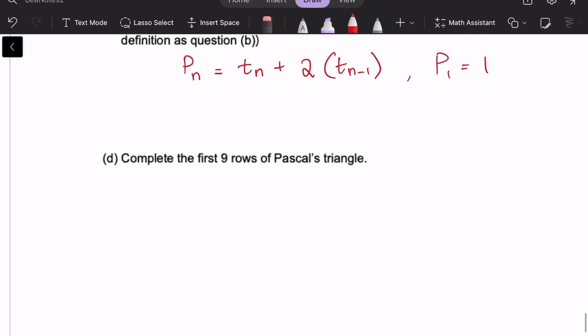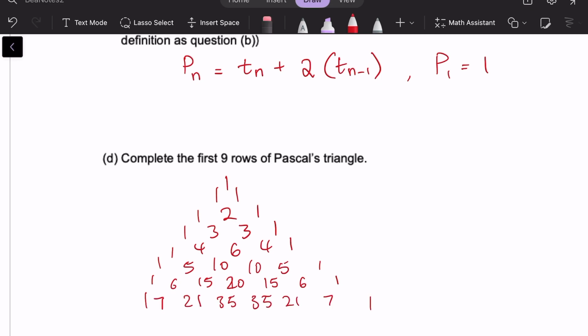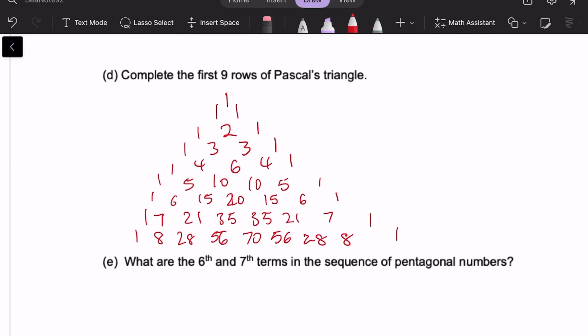Now complete the first 9 rows of Pascal's triangle. Speed run. It's really messy, but just roll with it. These are technically 9 rows. If you really want to do the next row, that's fine as well. In case you've never had experience with Pascal's triangle, basically you start from 1, like 3 ones at the top.